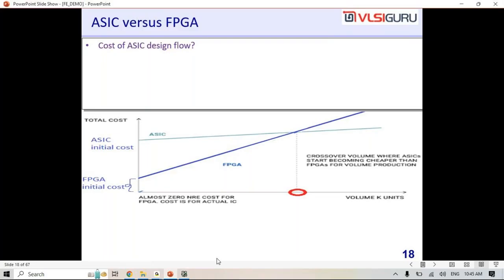Otherwise, your whole investment is gone. Investors and entrepreneurs here prefer safe bets, right? Setting up your own design house may not be a safe bet because there's always a chance that your design may have a small bug, and then it will not work.